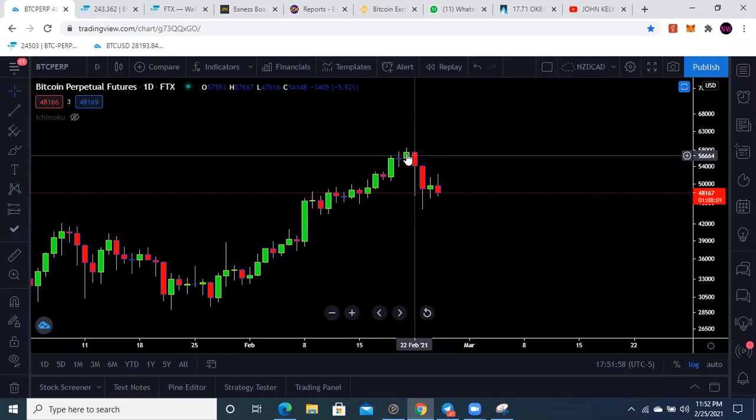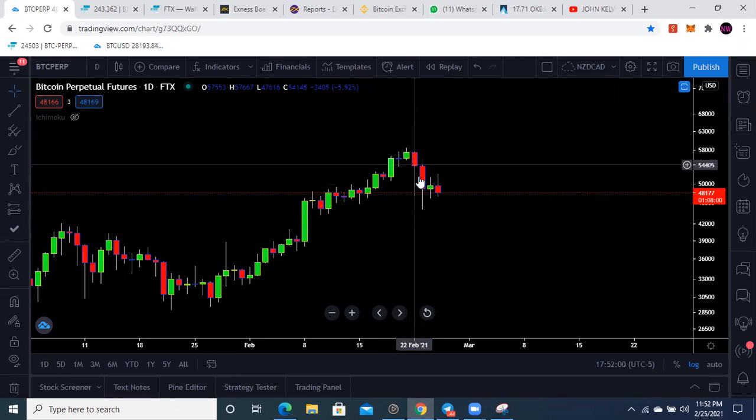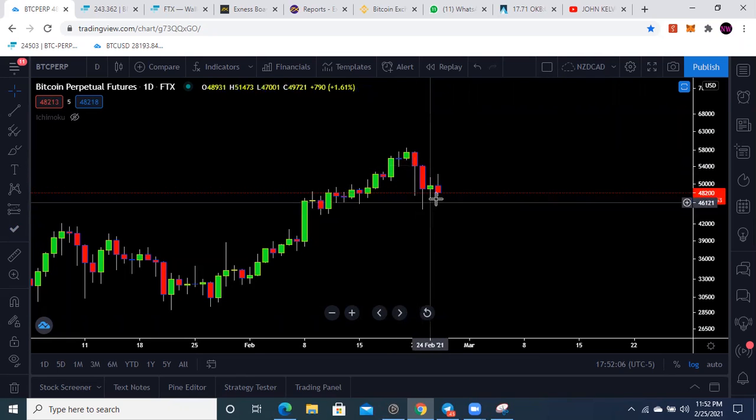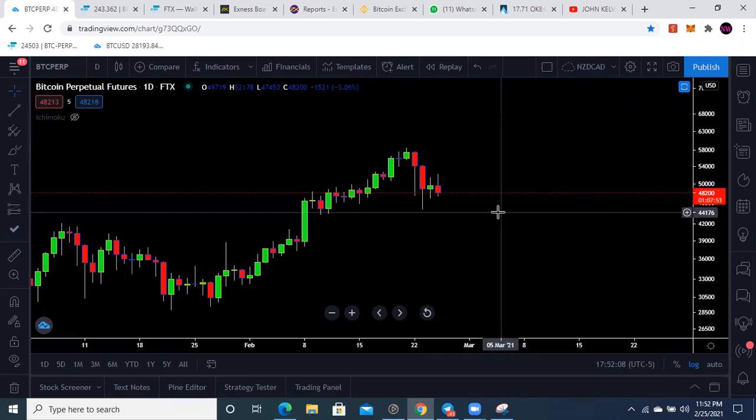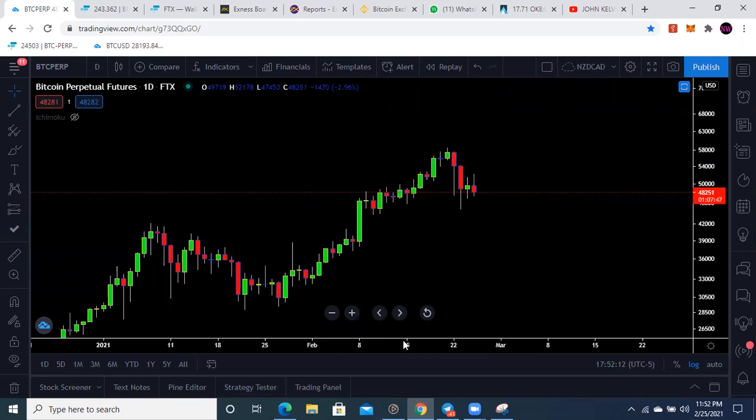As you can see, this is bigger than this. So I said when this closes below the close of this red candlestick, we would likely see a push to the downside. And again, what are the things we should be expecting in this push to the downside?